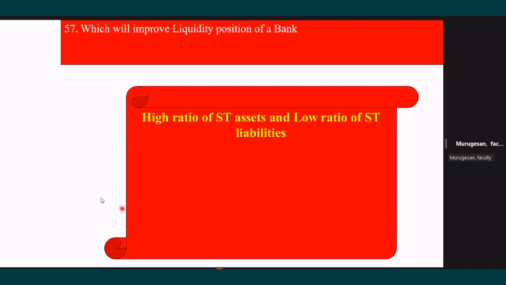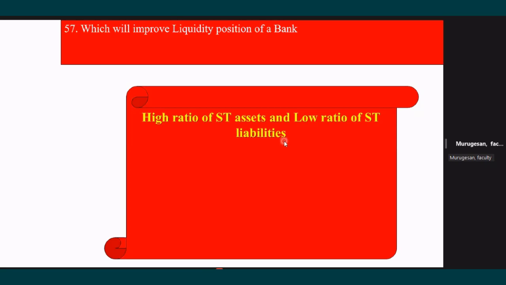Okay. Now the next question is, which will improve liquidity position of a bank? They will give some options. Out of the options, you have to pick up. Which of the following combinations will improve the liquidity position? Now, high ratio of ST assets, okay, because it can be converted to cash immediately, but low ratio of ST liability. Agreed or not?